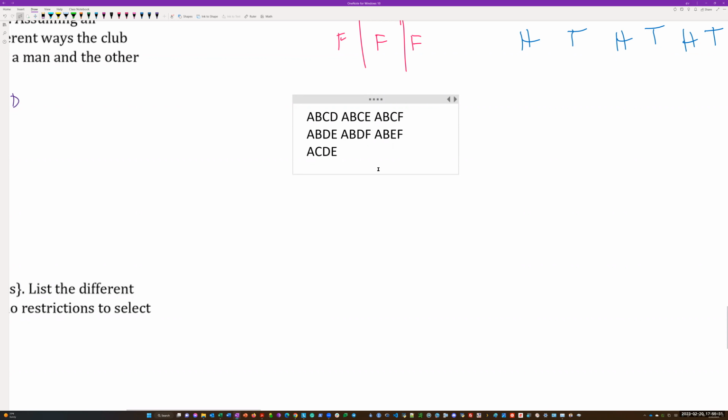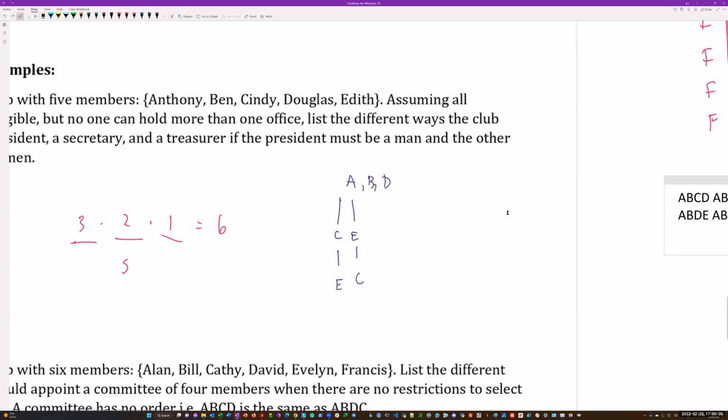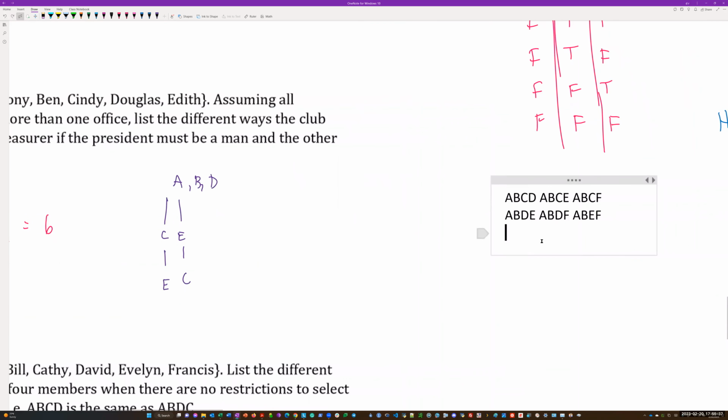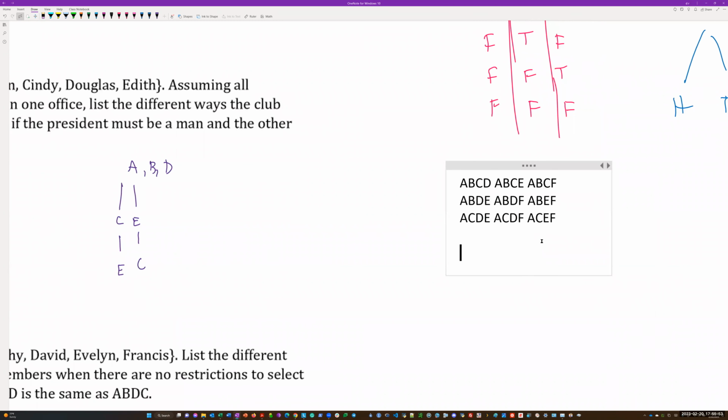So then I do AC. So ACDE. Whoops. That would have been intelligent if I did it that way first. ACDE. Then we could do ACDF, I guess. Then we could also do ACEF. Is that right? Now I can't do anything else with A starting it. Does that make sense?